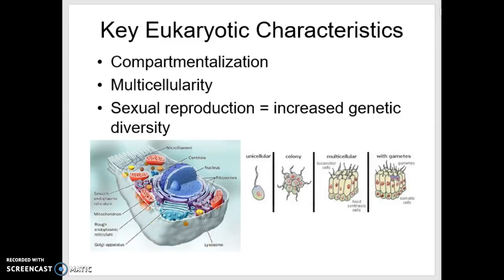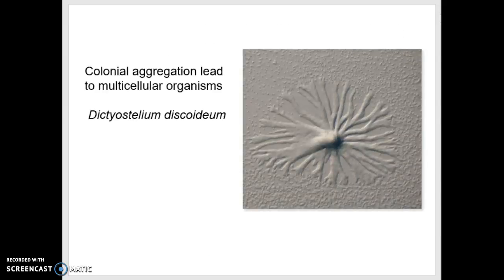Okay, so an example of how it's thought eukaryotic cells originated and became multicellular is this little slime mold, Dictyostelium discoideum. These are single-celled organisms. They're eukaryotes, single-celled, but they will do a colonial aggregation. In times of stress, they group together and form a multicellular organism.